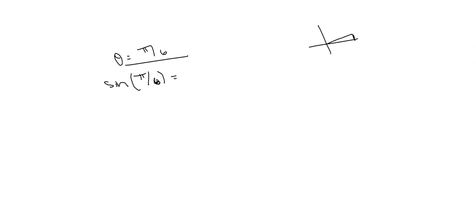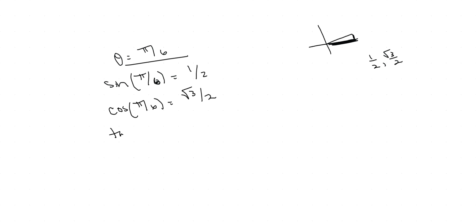So it's going to be the smaller value of 1/2 and root 3 over 2. So we know that it's going to be 1/2. And over here, y values are positive, so my sign is positive. So cosine of pi over 6 is going to be the larger one, which is square root of 3 over 2. Over here, my x values are positive, so my cosine is positive.